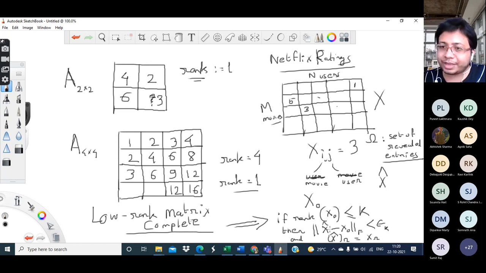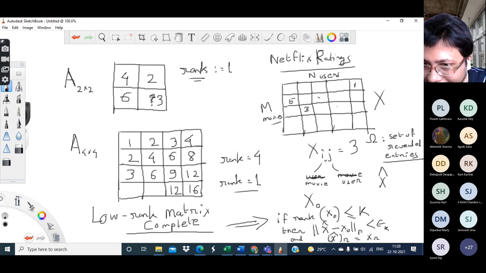What I mean by being close is that the Frobenius norm of their difference is going to be bounded by a certain quantity.